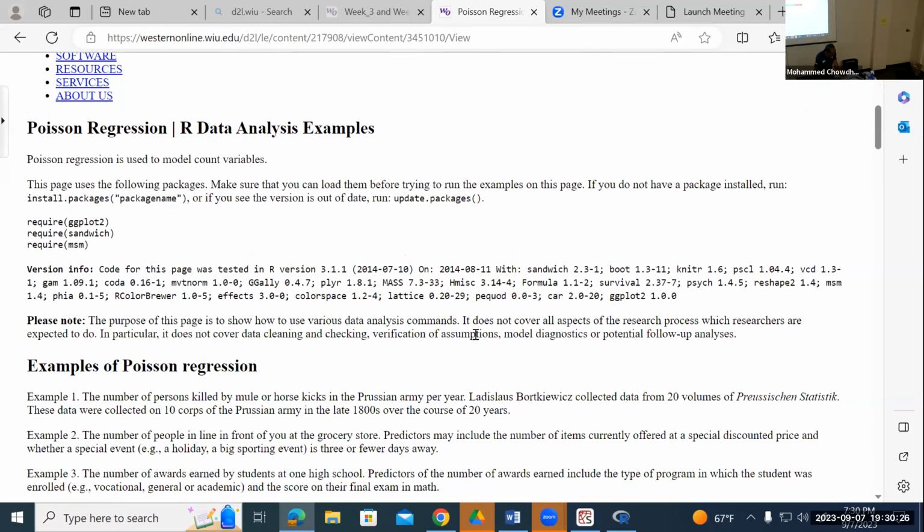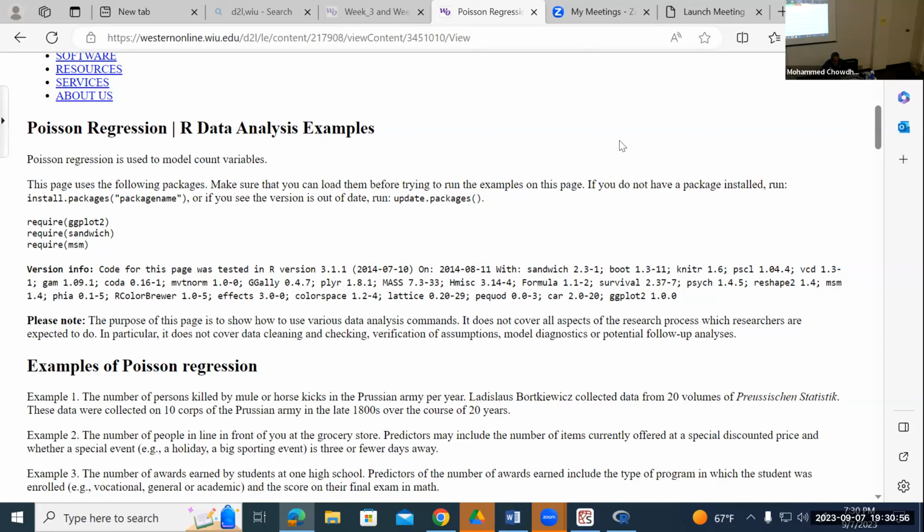So by using two covariates, type of education and math score, we want to predict how many awards each student obtains. Okay, so number of awards is count data, right? That's the starting point.